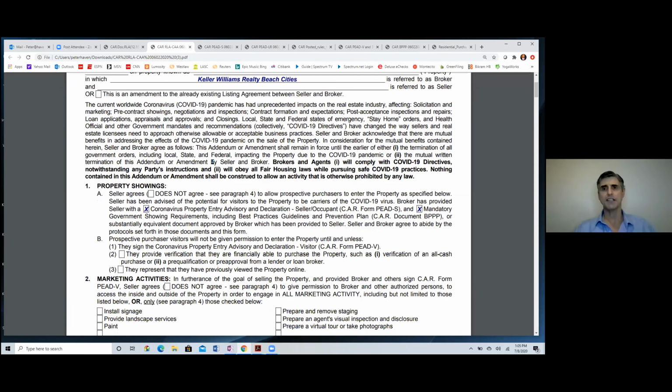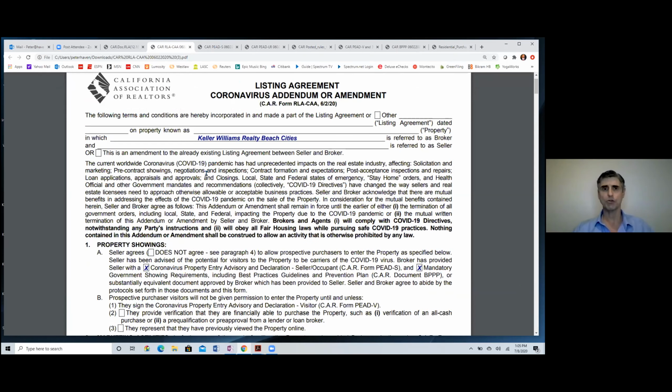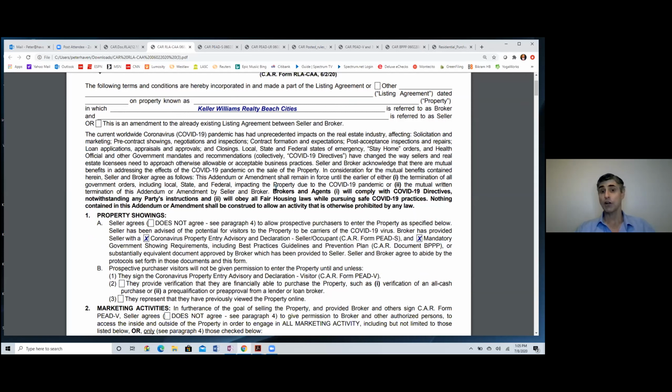And what this does is it has the usual sort of disclaimers to the seller, the things that everybody already knows, but we need to say anyway. Guess what? There's a worldwide coronavirus, COVID-19 pandemic, et cetera. And you as a seller should be aware of all these things. And it also says that we as agents and brokers will do our best to comply with COVID directives, and we will try to obey the fair housing laws.